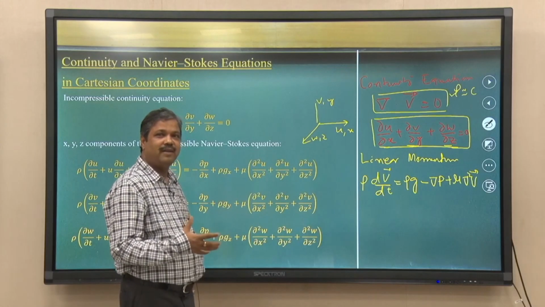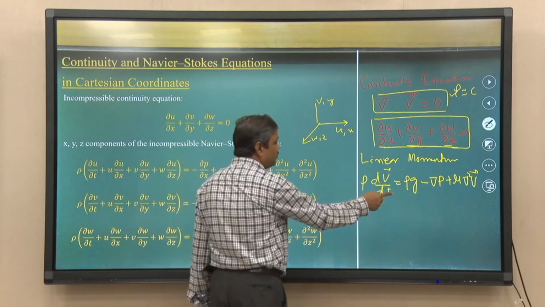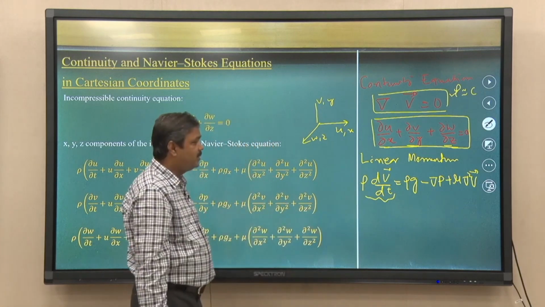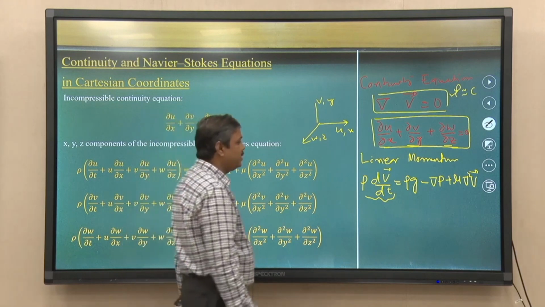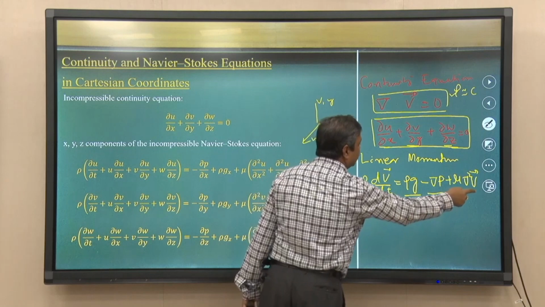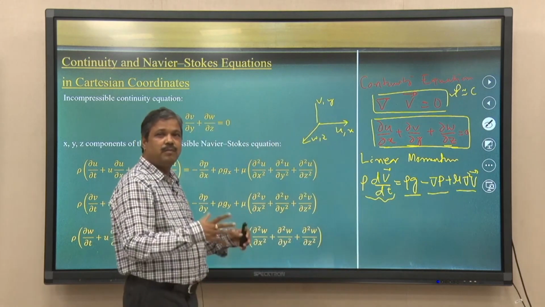You can always look at it as mass times acceleration per unit volume. That is the acceleration component. Mass times acceleration equals the force components. This is the gravity force. This is the pressure force component. These are the force components we get because of viscous stress.